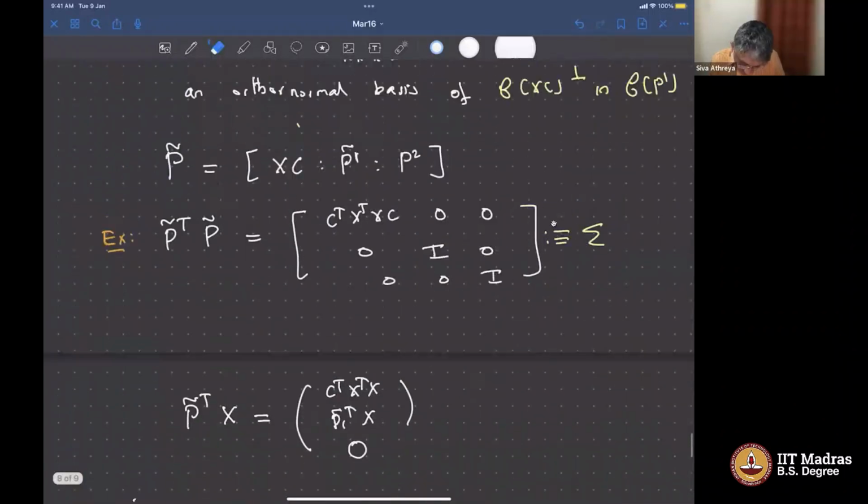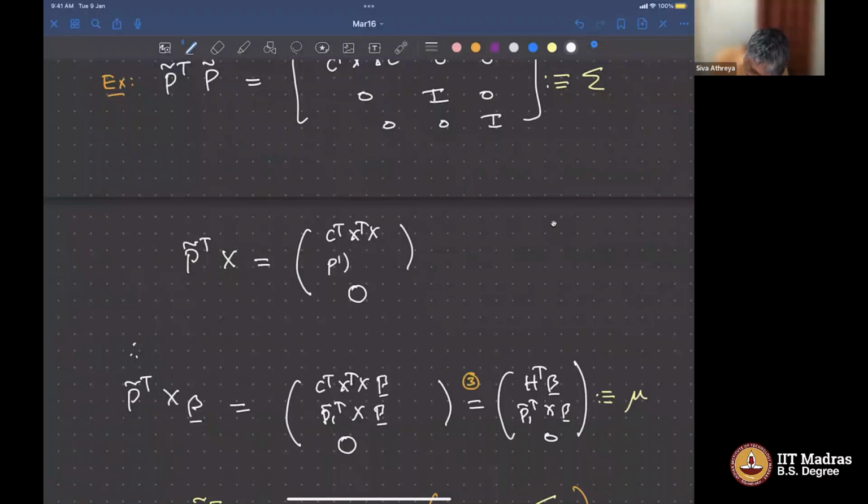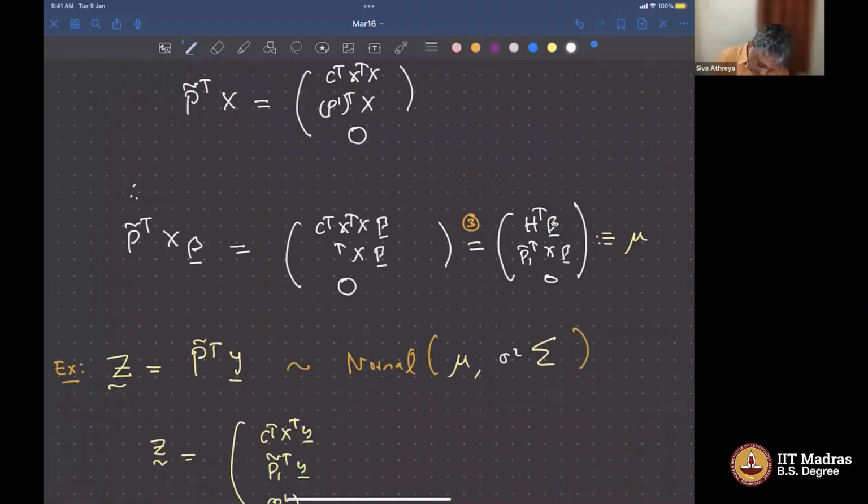Let me go back here. So it's P1 tilde transpose X, and here again this is P1 tilde.